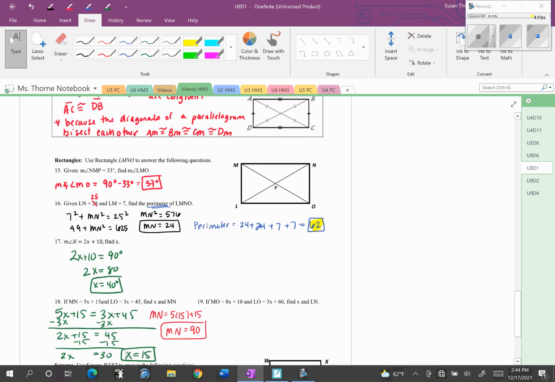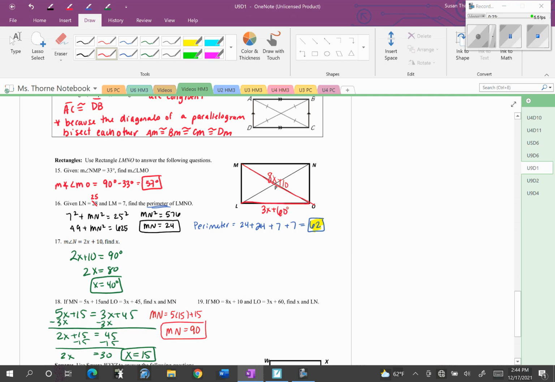If MO equals, now that's this length, 8x plus 10, and LO, which is here, is 3x plus 60.